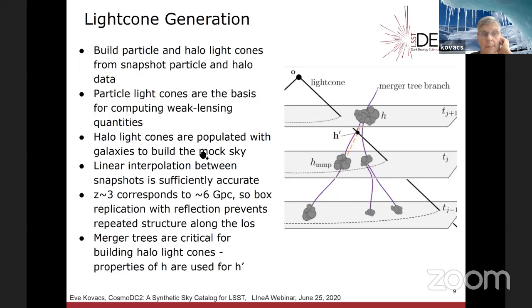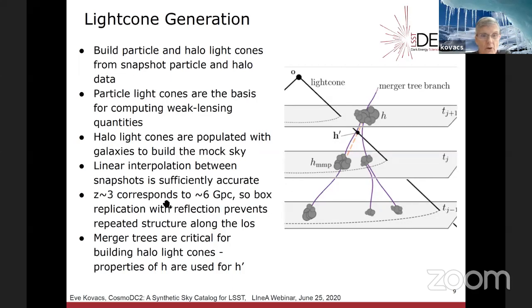And the way the light cone is built is to look out on the observer's null geodesic and to look for objects that pass through the light cone. It could be that it just happens to intersect with one of the snapshots, but most likely the object passed the observer's light cone sometime between the snapshots, and you just use linear interpolation to figure out where that was.